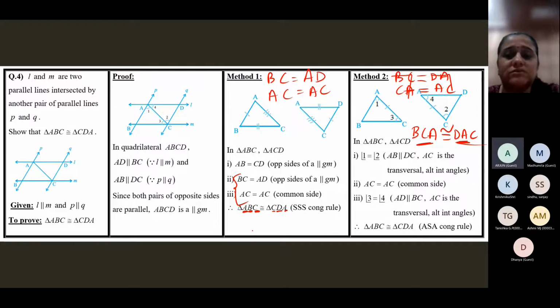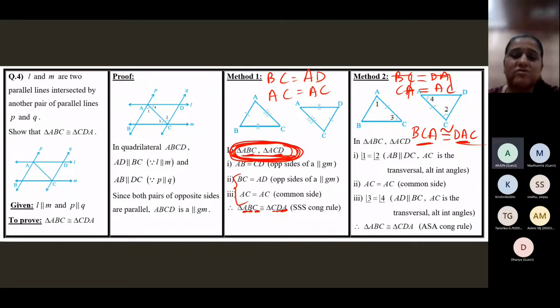Am I clear, children? How to name the triangles in the correct order once they're congruent? Yes, ma'am. All right, children, very good. So here you can name it anyways. Now you'll ask me, here you've called ABC and ACD. Why suddenly you made it CD here? Anyways, this is fine. Here we are just mentioning the two triangles which we have to prove are congruent to each other.